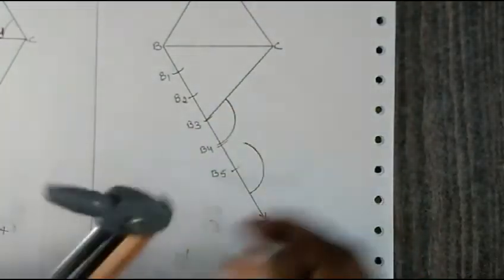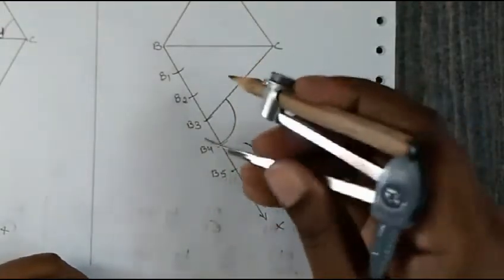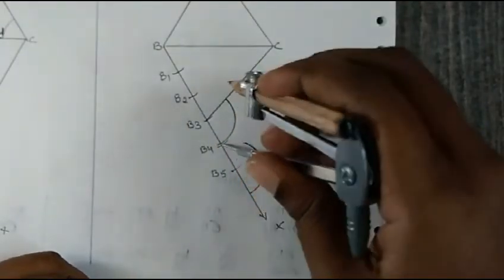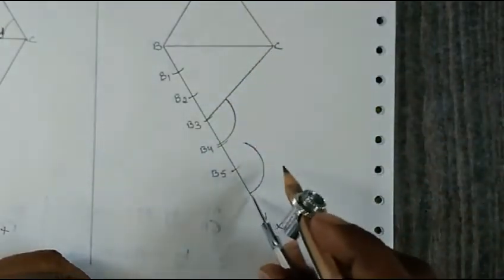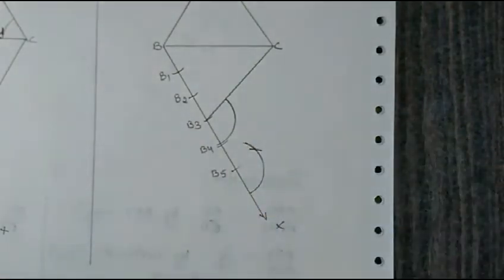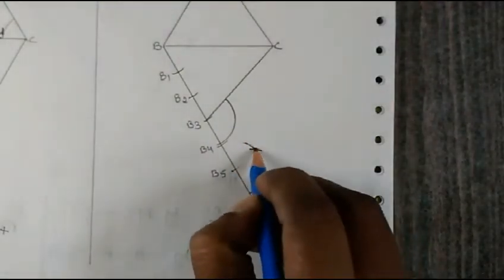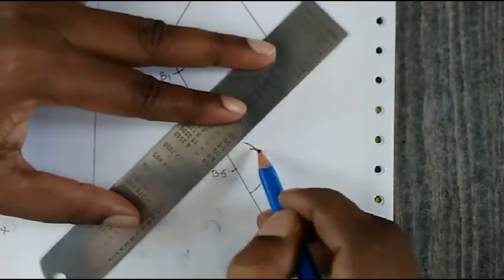Okay. Now measure this angle. How much is this angle? Okay. Now the same measurement we will take for this angle also. Okay. Now you join this point. So this point and this point we will join and draw a parallel line.